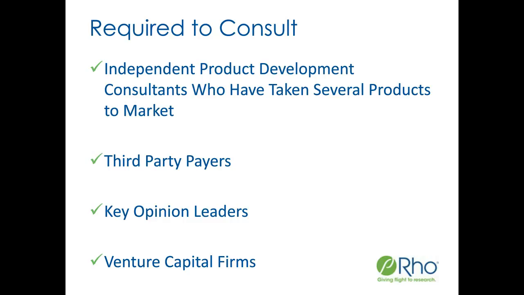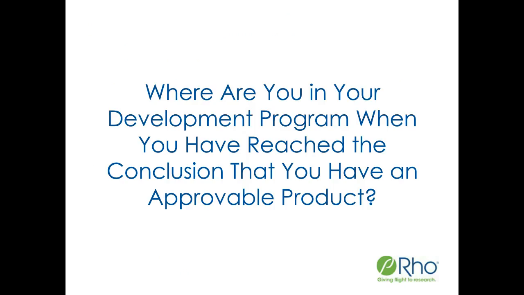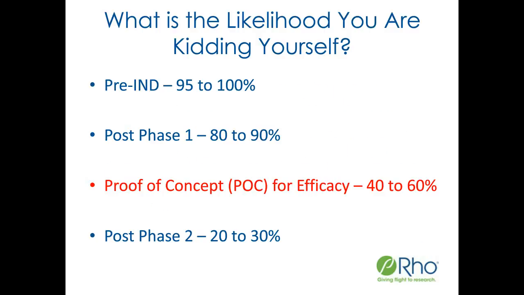So when your company decides that you've got a product, where are you in development? And that is a matter of magic in my experience. Some companies come to us at the pre-IND stage convinced that they have a product. They have no toxicities, and they're just rolling over one another. And it's kind of schizophrenic because as convinced as they are that they have a product, they're making no preparation for their marketing application.